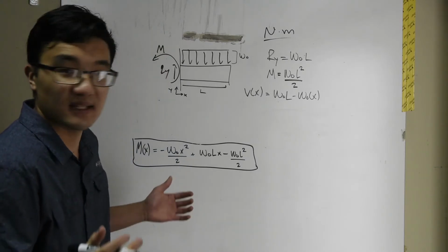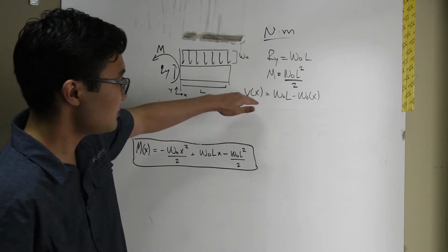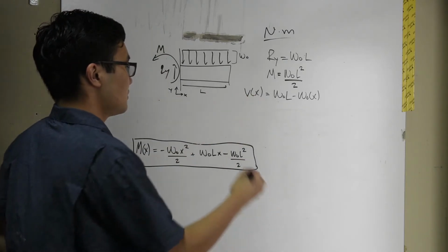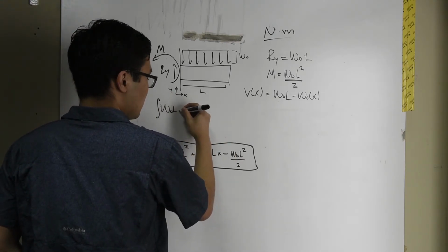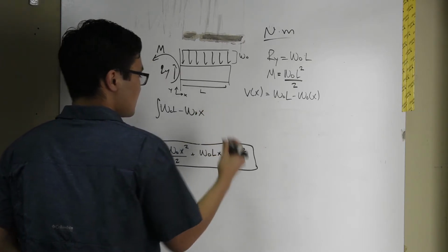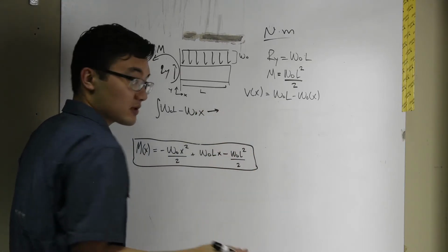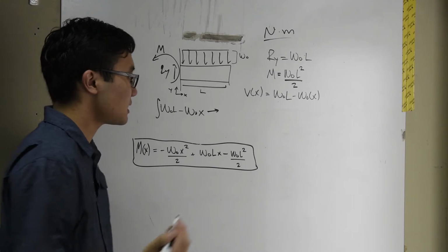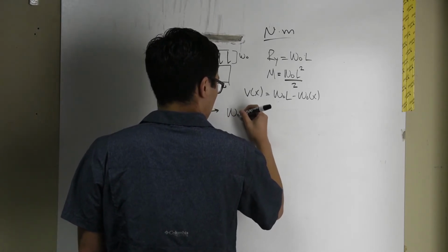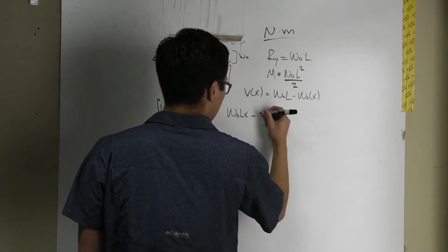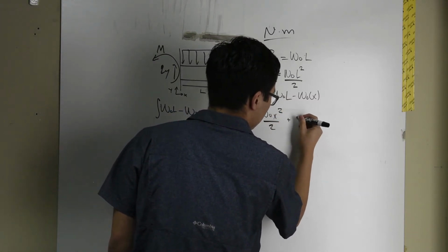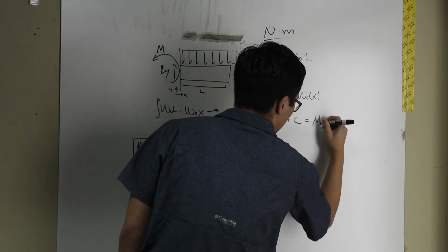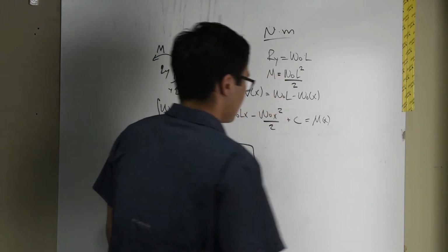All right, so let's set up our integral. Simply taking the integral of shear, so the integral of w naught L minus w naught x, that's going to give us, we're taking the indefinite integral, so there's going to be a constant, w naught L x minus w naught x squared over 2 plus C equals M of x.